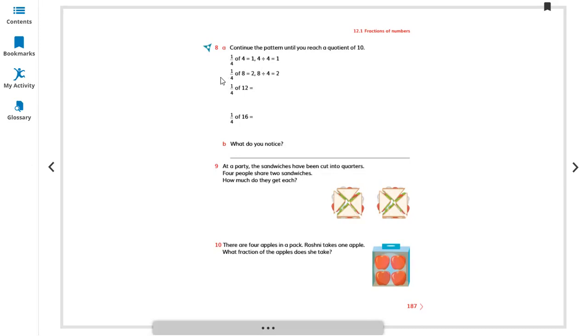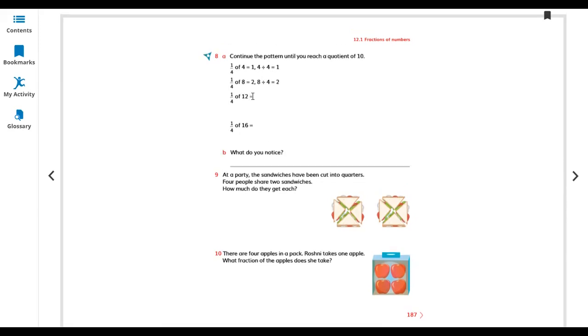1 by 4 of 12. So 4 multiplied by what equals 12? 4 multiplied by 3, it's 12. After this, 1 divided by 4. I continue here. Now write 12 divided by 4 equals 3.